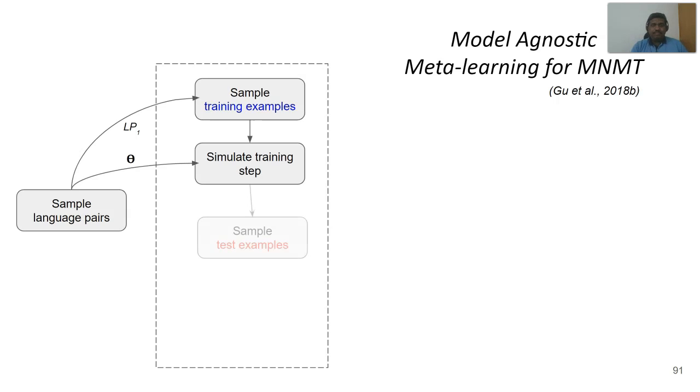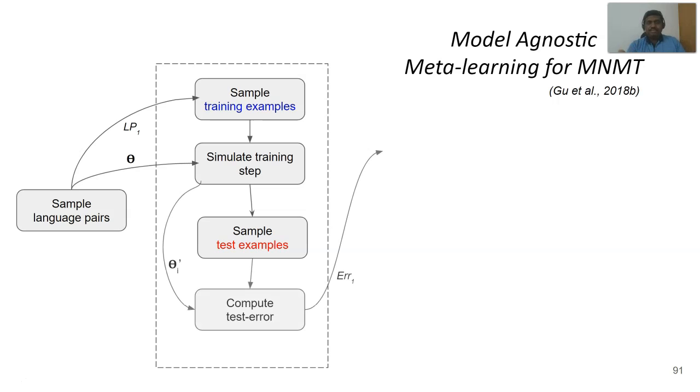Instead, what we do is now select a few test examples. Note that the test examples are different from the training examples. We do this because in the meta learning scenario, we want to see how the model performs on unseen data. So using the updated parameters, theta I dash, we compute the error on the test examples.